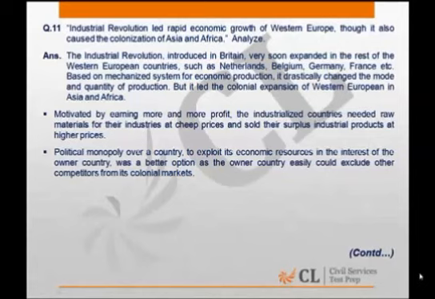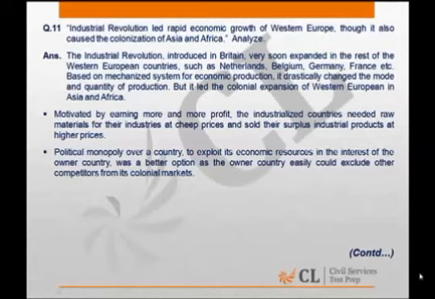So, the analysis of this question revolves around the positive points: yes, it's true that the industrial revolution led to rapid economic growth in Western Europe, which started in Britain but very soon spread to Western European countries like Spain, the Netherlands, Belgium, Germany, France, etc., leading to an incessant economic expansion in the form of colonization.